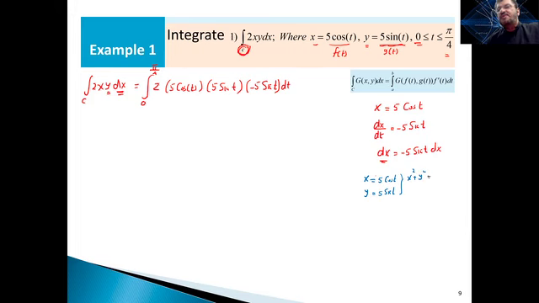So what's the sum of this? This is going to be 25 cosine squared t plus 25 sine squared t. We can take out the 25. So what am I left with? Cosine squared plus sine squared, which is 1. So what do we have actually? We have x squared plus y squared equals 25. What is this? This is a circle of radius 5, isn't it?